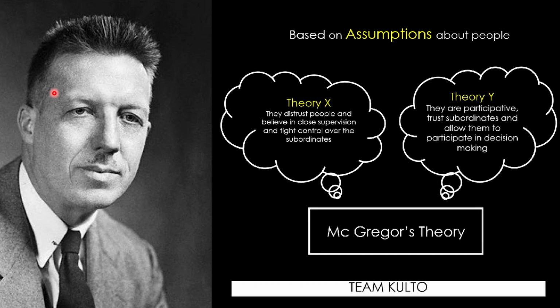So, according sa kanya, yung theory X, they distrust people and believe in close supervision and tight control over the subordinates. Yung theory Y, they are participative, trust subordinates, and allow them to participate in decision making. Once again, this is MacGregor's theory of leadership based on assumptions about people.